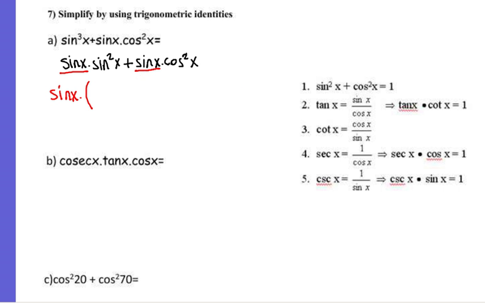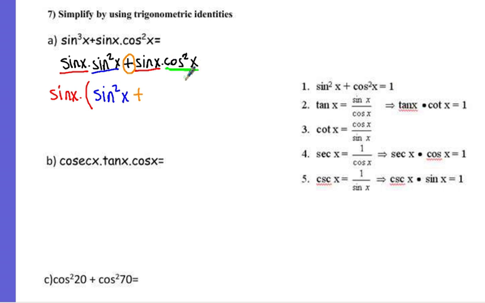So when I write this out of bracket, which factor is left in the first term? It is sine square x, and then between them I have plus.